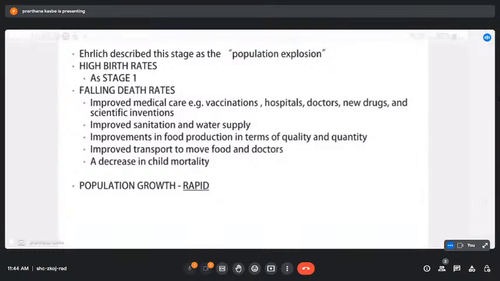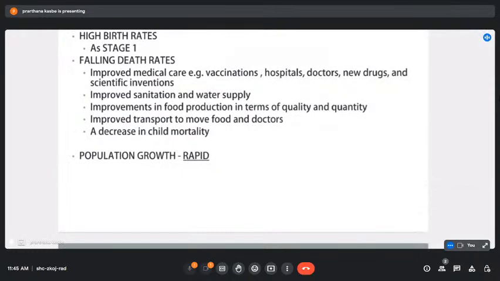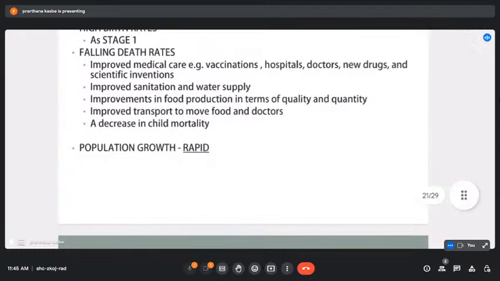So what are the causes in the second stage of population explosion? याच्यामध्ये जे काही मेडिकल केअर आहे तर त्याचं इम्प्रुव्हमेंट झालं होतं. त्याच्यामध्ये वॅक्सिनेशन असेल, हॉस्पिटल्स असतील, डॉक्टर्स असतील, किंवा सायंटिफिक इन्व्हेन्शन झालेलं होतं. त्यानंतर सॅनिटेशन, स्वच्छतेच्या सुविधा असतील किंवा वॉटर सप्लाय असेल याच्यामध्ये इम्प्रुव्हमेंट झालेलं होतं. फूड प्रोडक्शन जे आहे तर ते क्वालिटेटिव्हली म्हणजे गुणवत्तापूर्ण फूड होतं आणि क्वांटिटी सुद्धा वाढलेली होती.